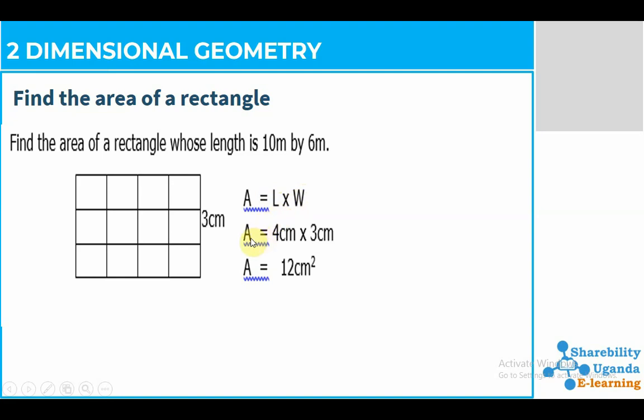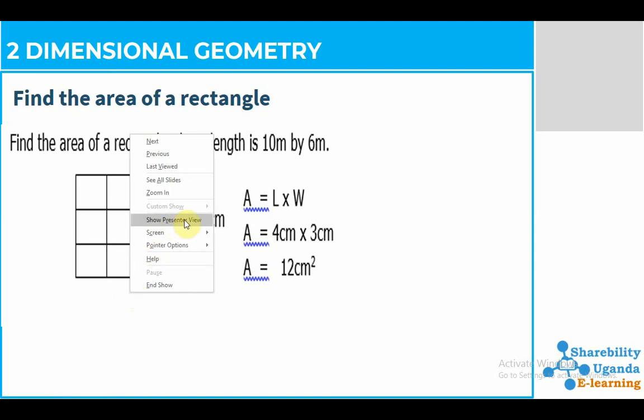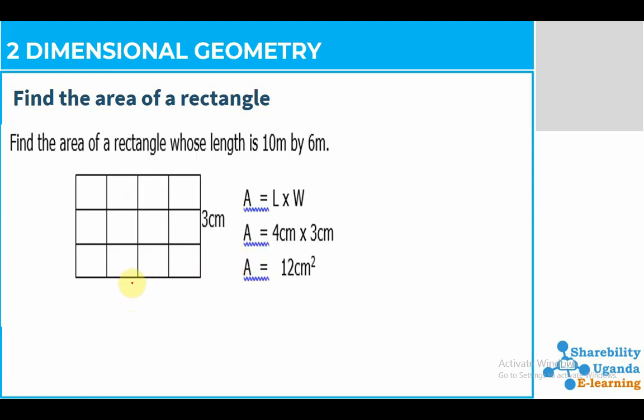Okay, so here I can see they say our area is equal to 4 centimeters times 3 centimeters. Let me get a pen tool. So here our length was equal to 4 centimeters.